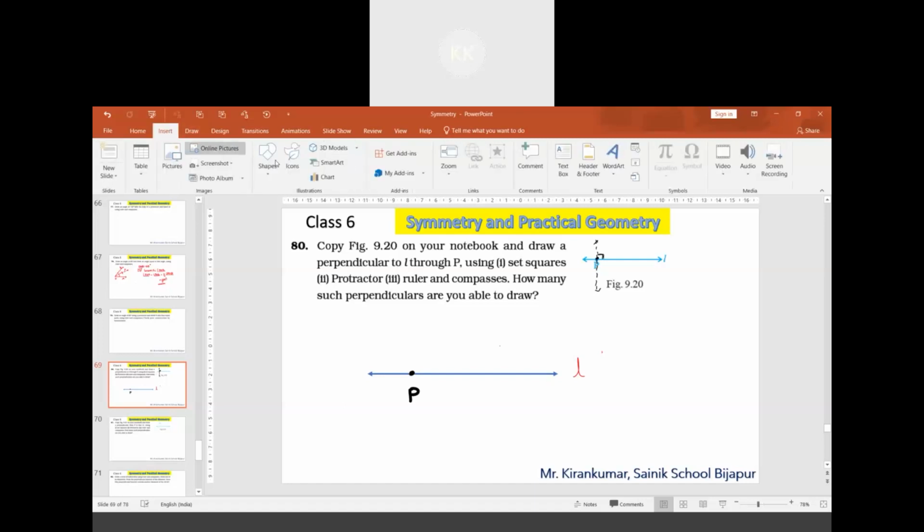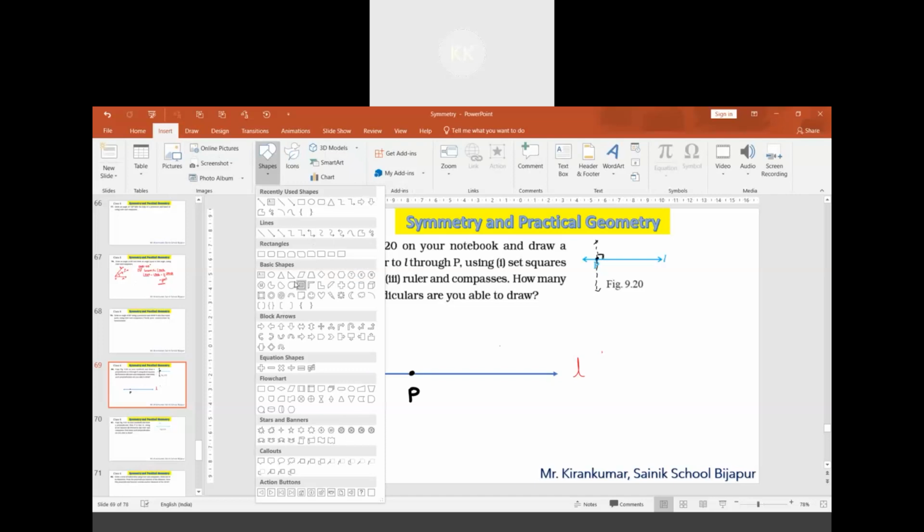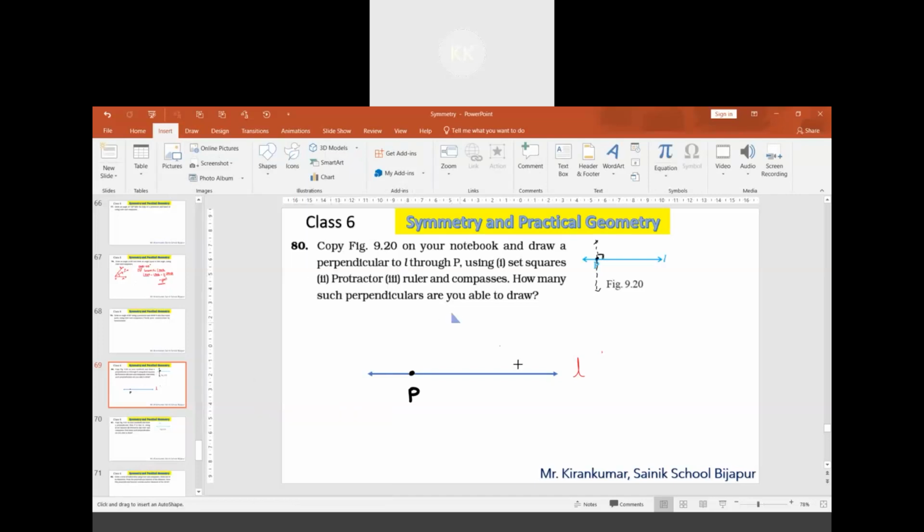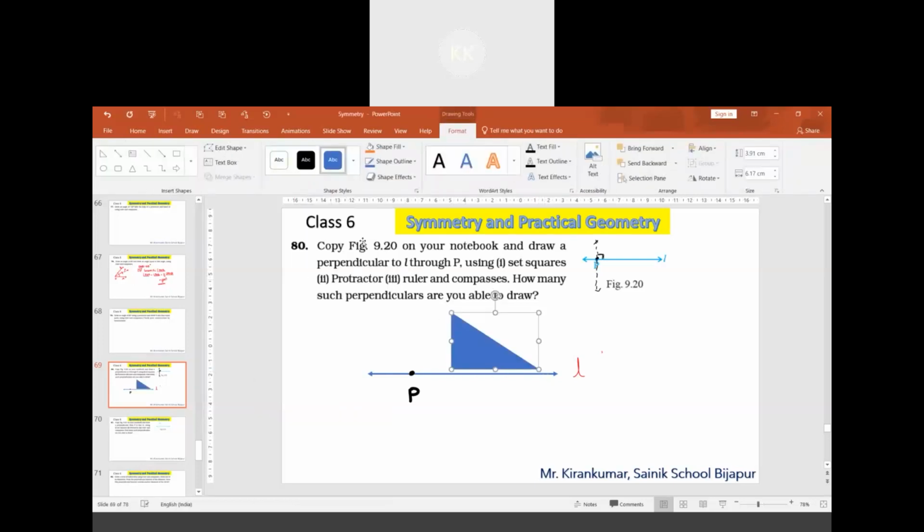Let me show you by taking this triangle as a set square. Imagine that it's a set square. When the set square is placed at this point, we can have a perpendicular.